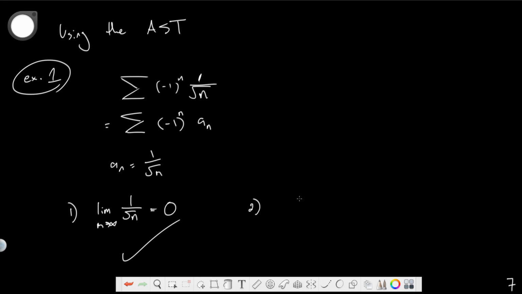Well, what's the nth plus 1 term? That's 1 over the square root of n plus 1. And that is certainly less than or equal to the previous term. Previous terms are larger than the next term. This is true for all n. Boom.